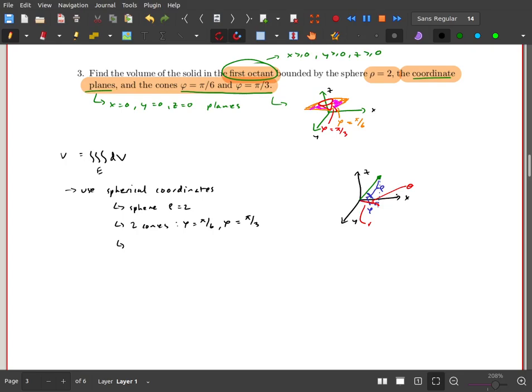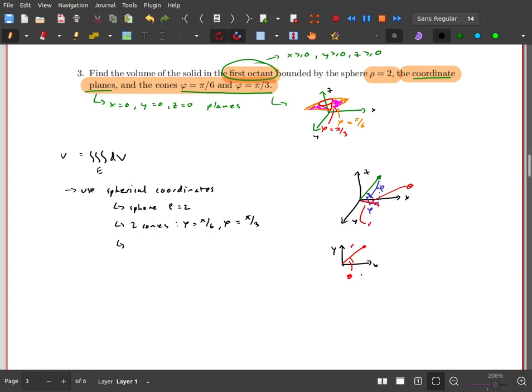The second restriction is on theta, because rho doesn't have a negative value, rho is just a distance, right? So then we need to restrict theta such that our points will only be in the first octant. And how do we do that? Let me draw this again. So x and y, and if that is our point, the projection, that's r, and then this is theta.